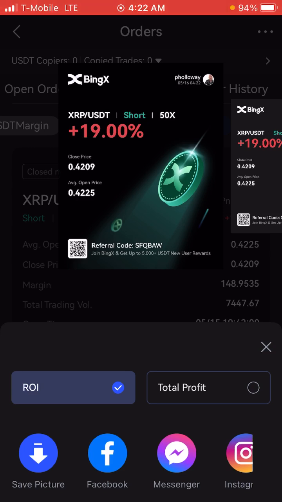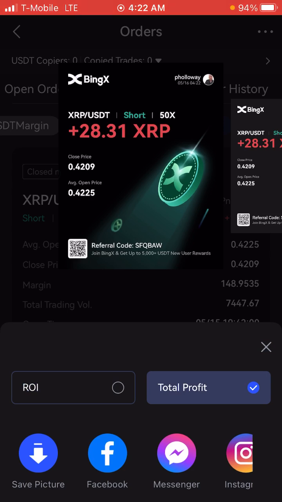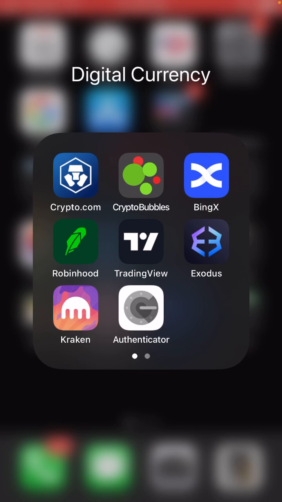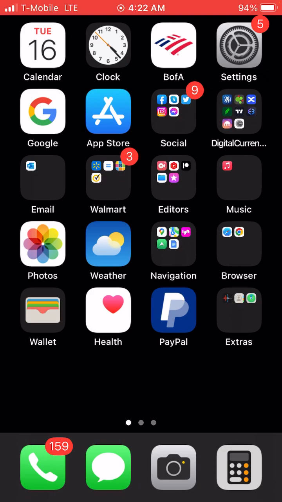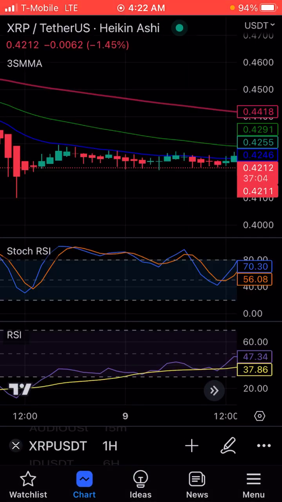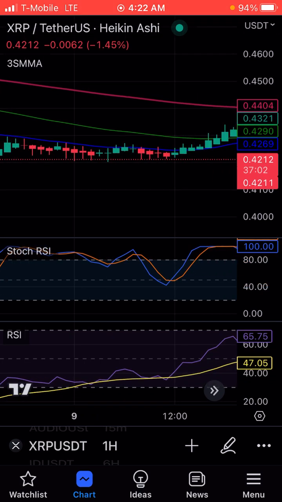So that's what I made using the strategy, and I made this overnight. My personal plan is using XRP and trading it with other cryptos like Bitcoin and things like that. But that is what I did overnight, and that's how much I made.